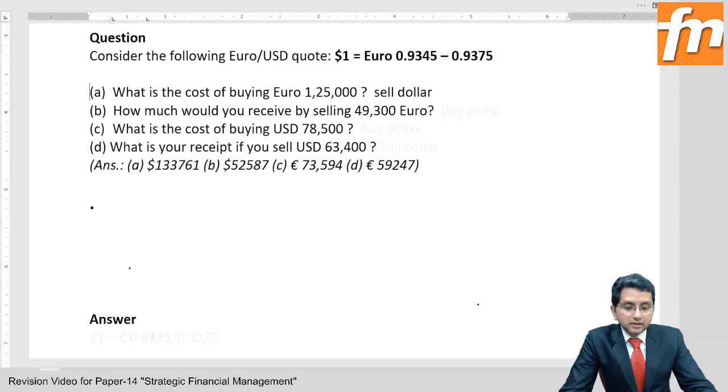It means rates will remain unfavorable for you. So you can sell dollar at the lower rate of 0.9345, while you can buy dollar at the higher rate of 0.9375.